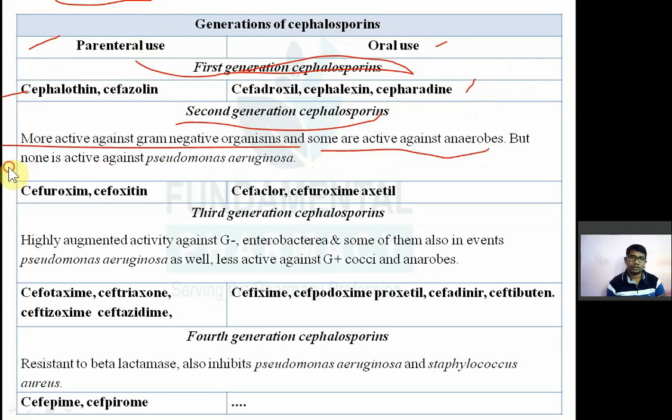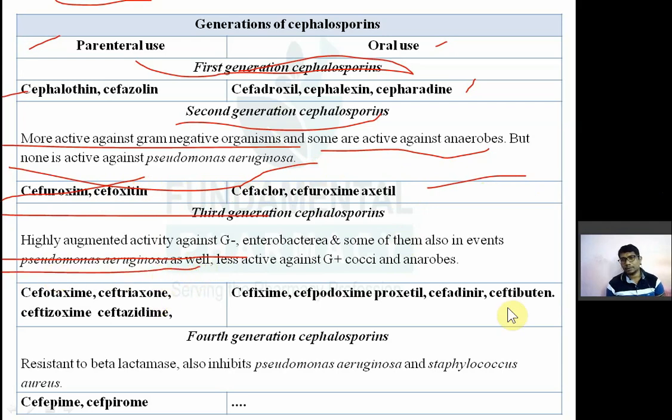None of them is effective against Pseudomonas aeruginosa. Those taken by parenteral route are cefoxitin and cefuroxime. Then orally, cefaclor. Third generation cephalosporins are highly effective against gram-negative enterobacteria, and some of them are also effective against Pseudomonas aeruginosa.